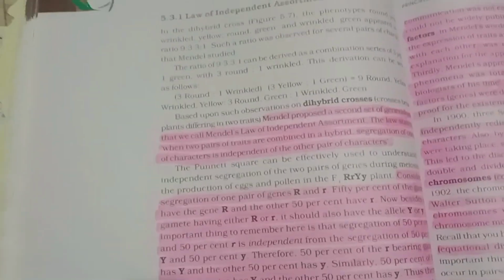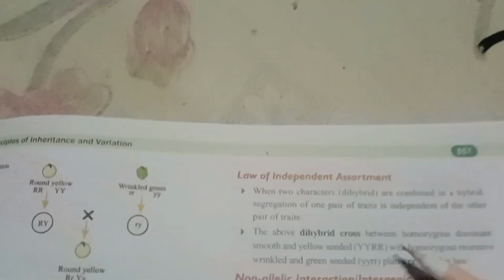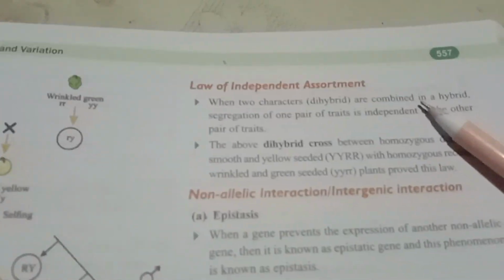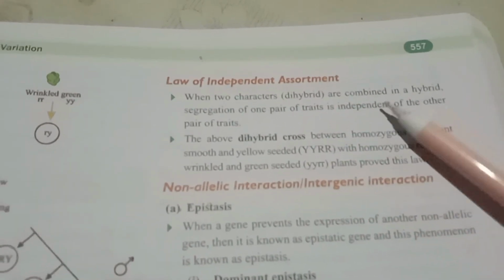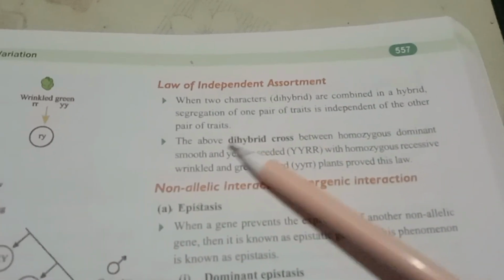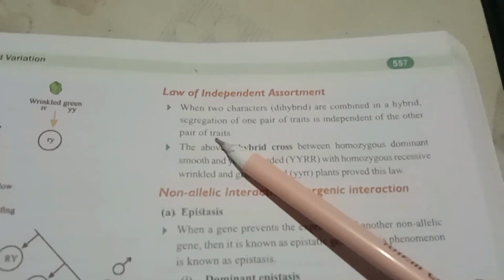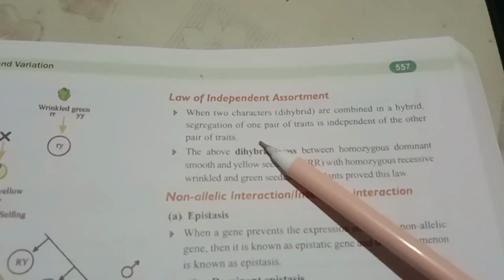You can study it from here, page number 80, and here it is given in small print, which we can also see. When two characters are combined in a hybrid, segregation of one pair of traits is independent of the other pair of traits.